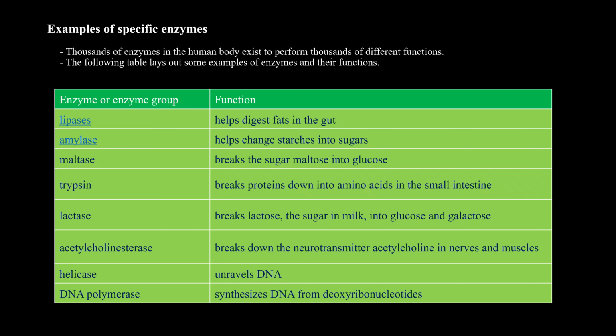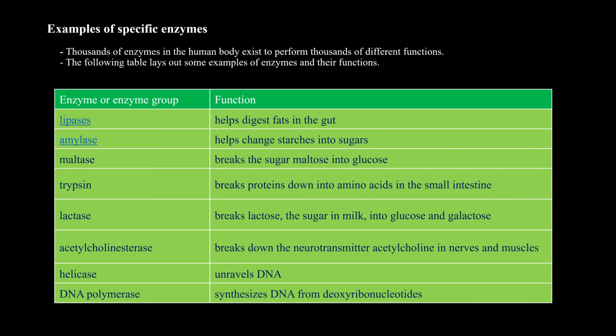Specific enzymes: the thousands of enzymes in the human body perform a thousand different functions. Follow the table of enzymes, coenzymes, and group functions. Lipase helps in the digestion of fats. Amylase helps break down starch into sugars. Maltase breaks the sugar maltose into glucose.